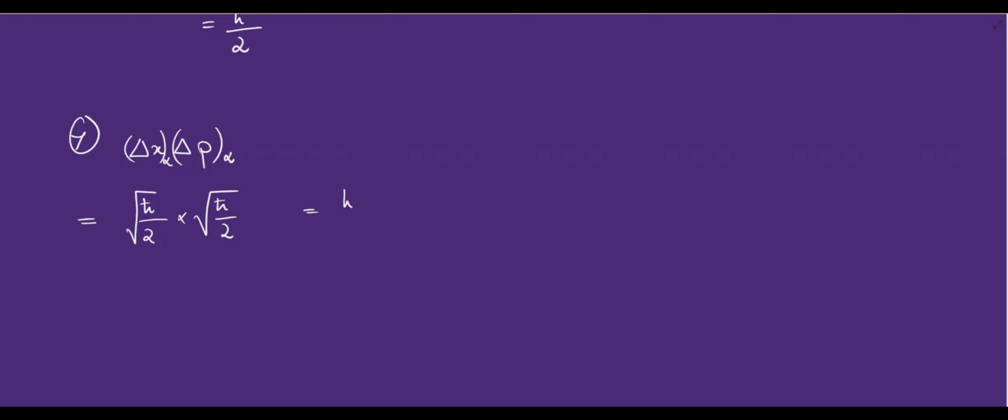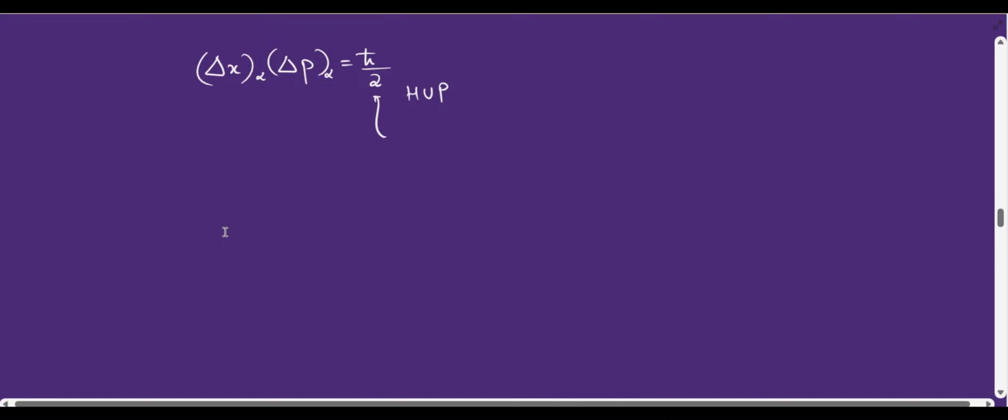So this is equal to h bar by 2. So delta x alpha delta p alpha is equal to h bar by 2. Now, according to Heisenberg's uncertainty principle, this is the minimum uncertainty that can be reached. So we see that coherent states are minimum uncertainty states.